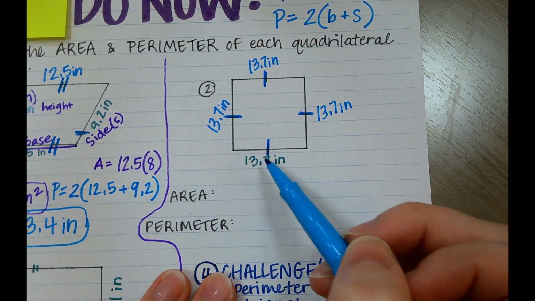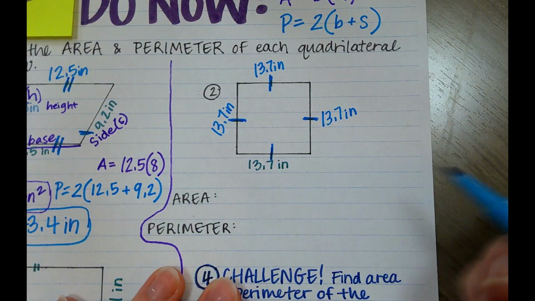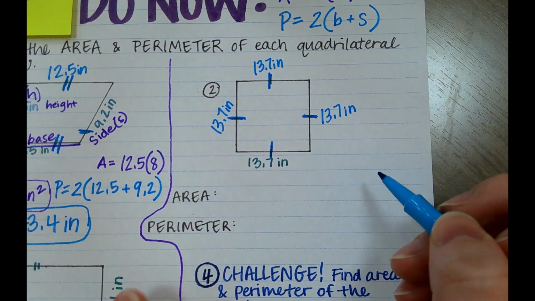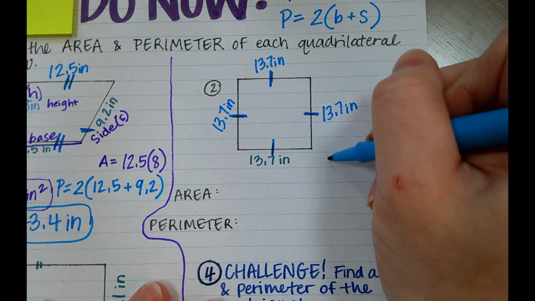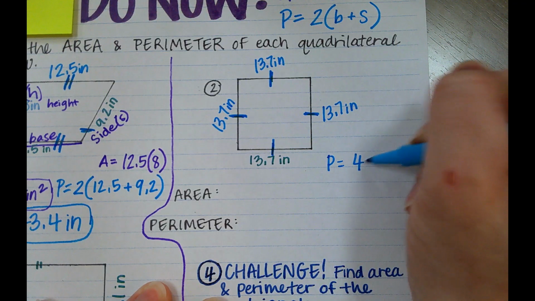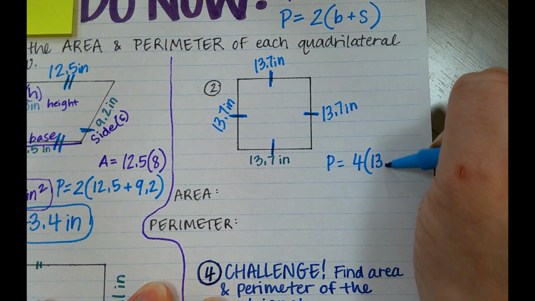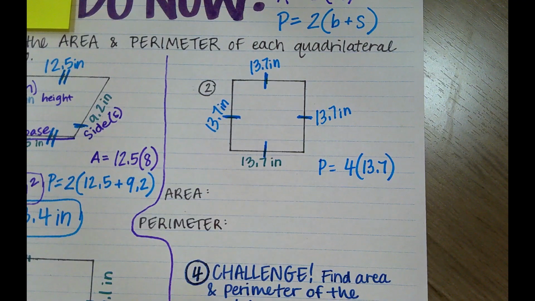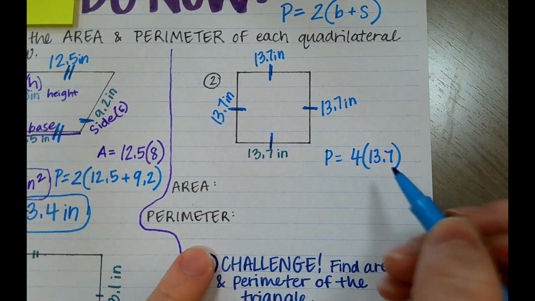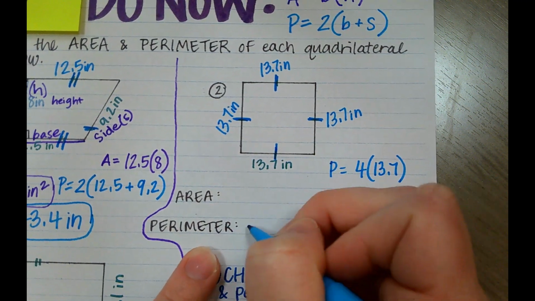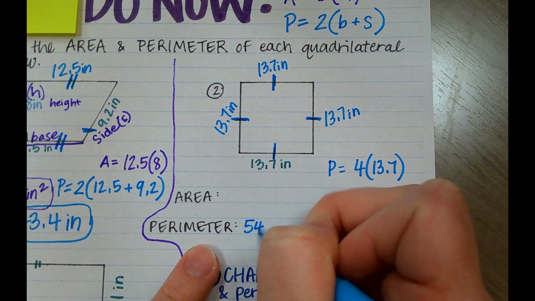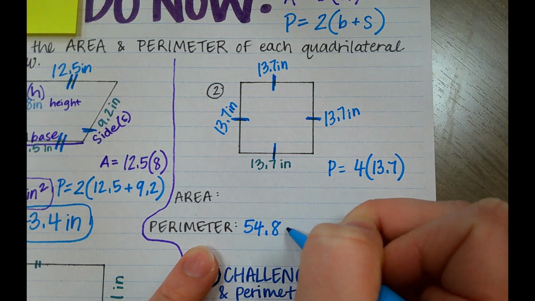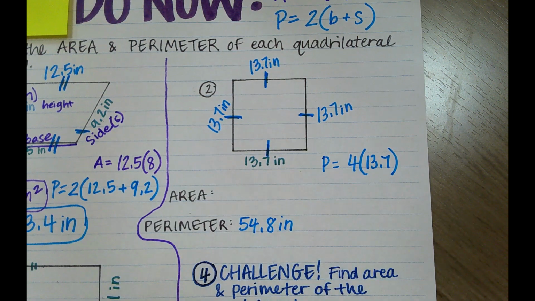What if we just take 4 times that 13.7? 4 times 13.7. Enter. What did you get? 54.8. Good, y'all got the same answer. So the perimeter is 54.8 inches. Good job.